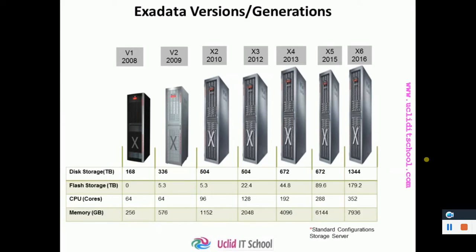So that way, in each version, the system capacity is increasing in terms of storage, in terms of memory, in terms of CPUs. So today's system is much more powerful than earlier systems. For example, if you compare the X6 system, which is the latest version, with the V1 system, which is the first version, its capacity is much higher compared to the V1 system.